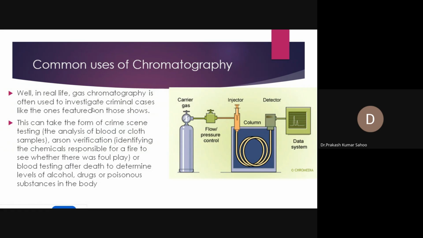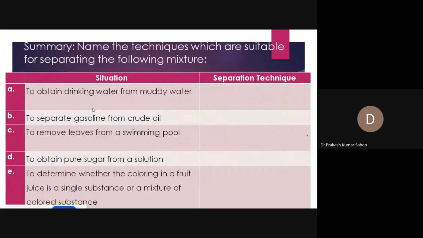So this is a very advanced chromatography to separate alcohol or any drugs or poisonous substance, whether present inside the blood in a crime or not, which can be tested using this advanced system.